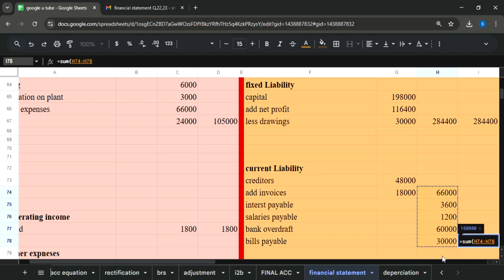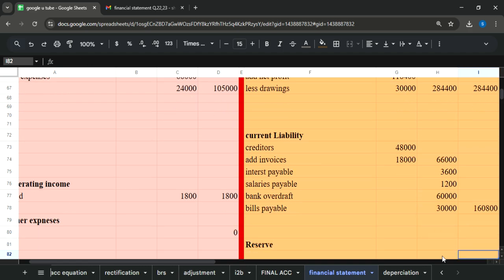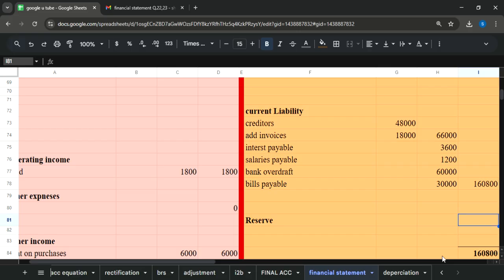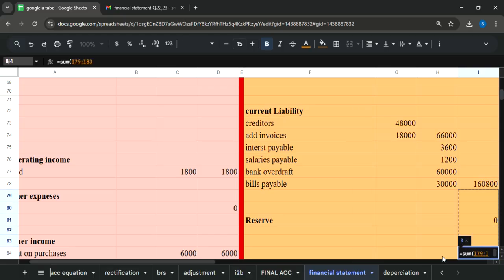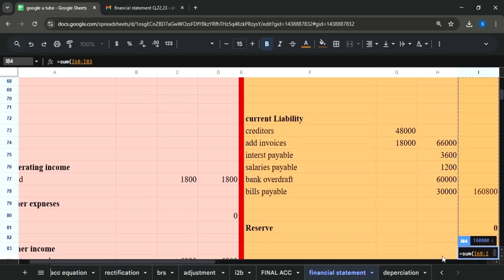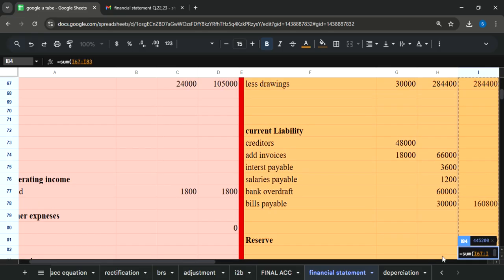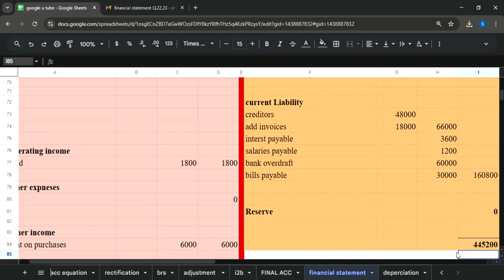There were 5 elements. Current liabilities completed, reserves are not present, so you may write 0, and here we can take sum of current liabilities and fixed liabilities, and the answer we have got 445200.